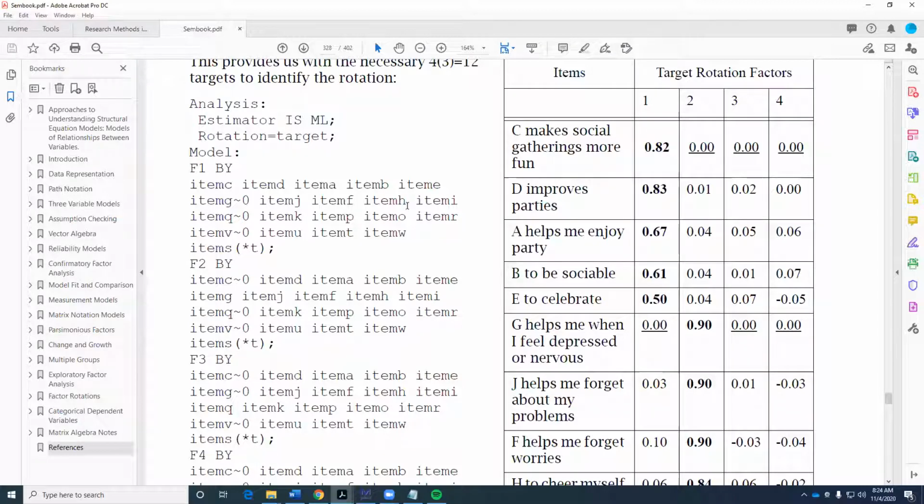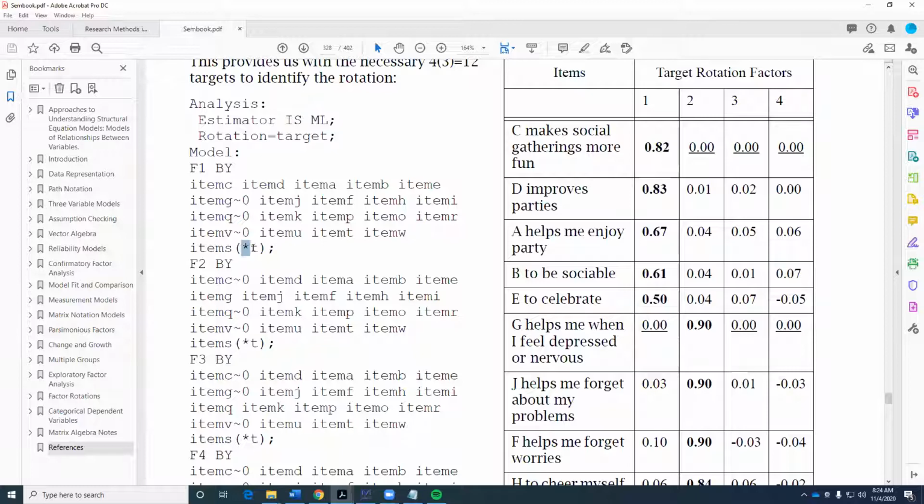But in this second row, set the first variable's target to be 0. And that's telling the computer program, please rotate so that G, Q, and V are as close to 0 as possible.